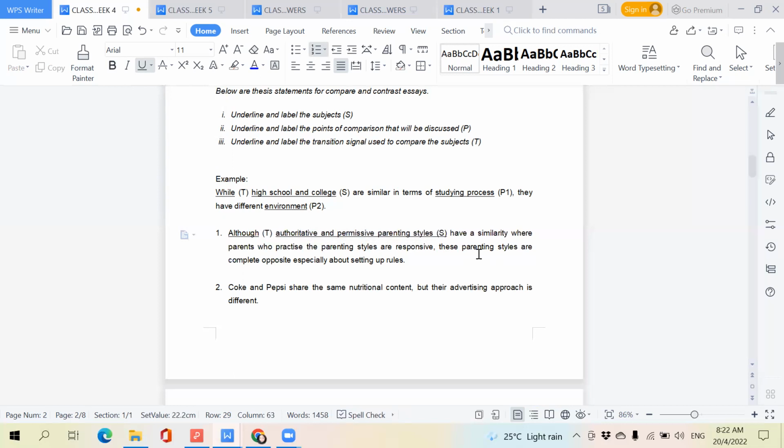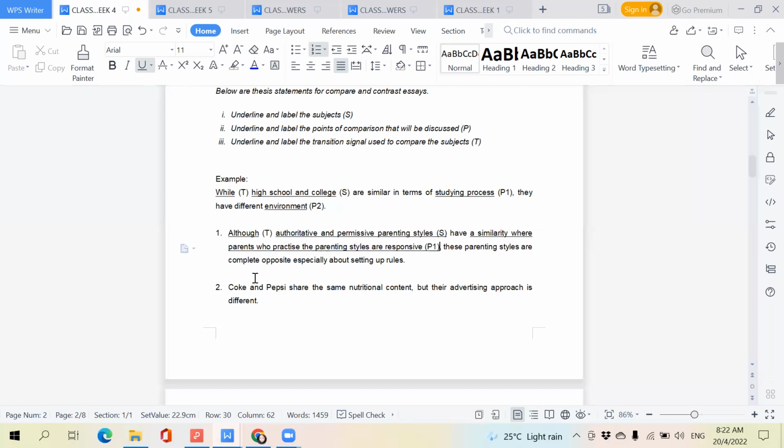Okay, next, have a similarity where parents who practice the parenting styles are responsive. So what is this? Okay, this is P1. All right, similarity where parents who practice the parenting styles are responsive. This is P1. Okay, I'll highlight this. And then these parenting styles are complete opposite.